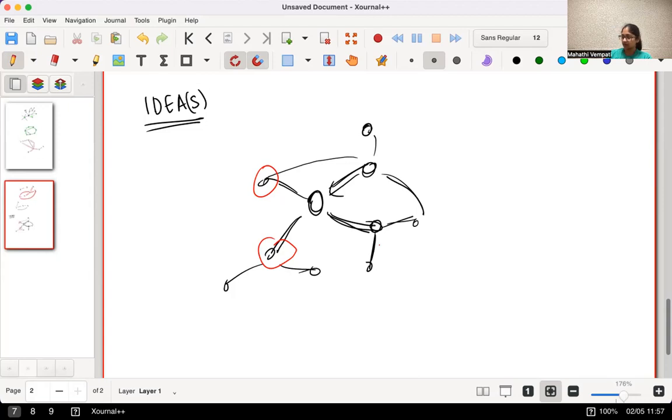If you can't find a cycle, that's great. There's no fish graph with this thing.